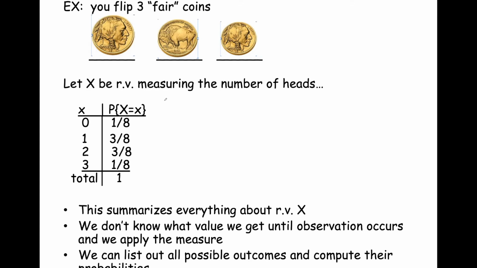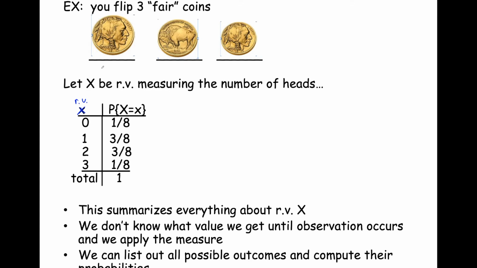Okay. And so we take all of these probabilities and we can summarize the behavior associated with the probabilities for each one of the outcomes of this random variable x that measures the number of heads. And so in this table, we have the random variable x, and then we have the probability that this random variable takes on a value. When you list out values that random variables can take on, you use the lowercase alphabetic character.